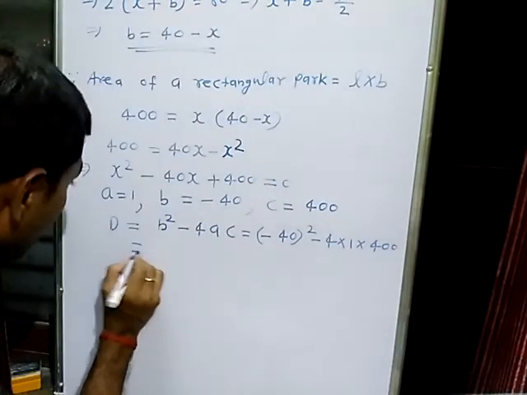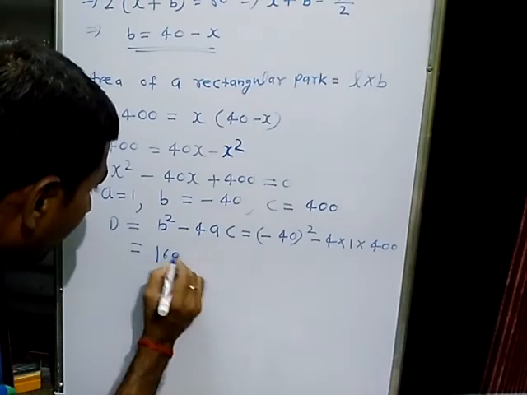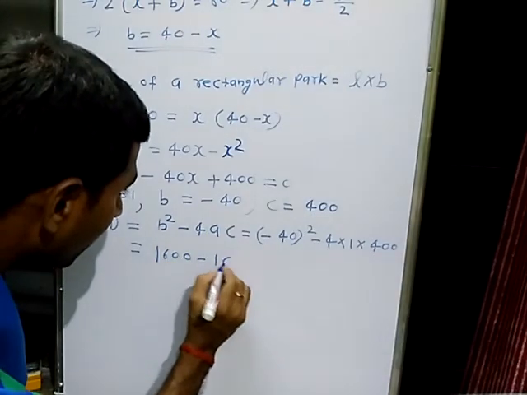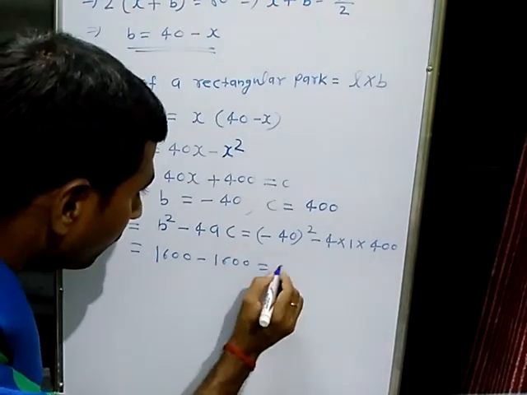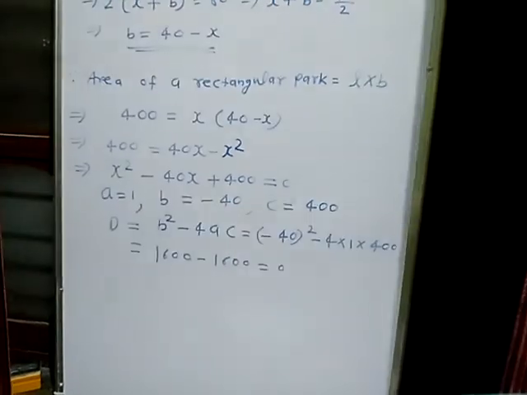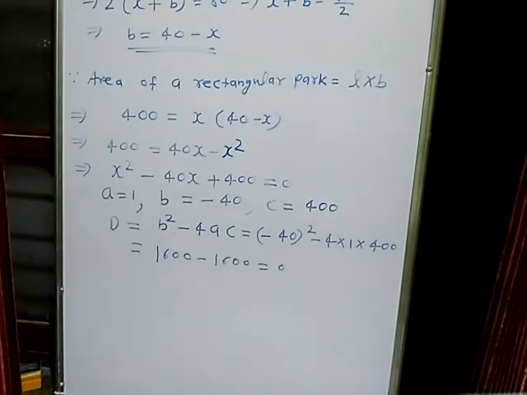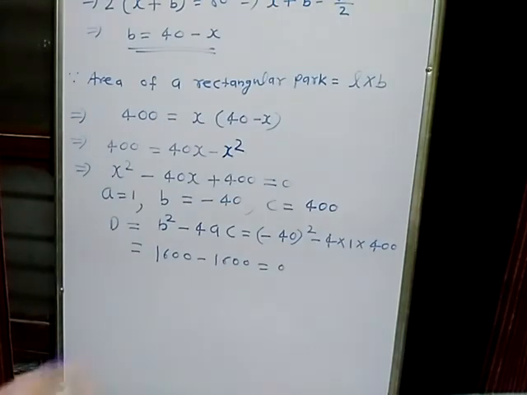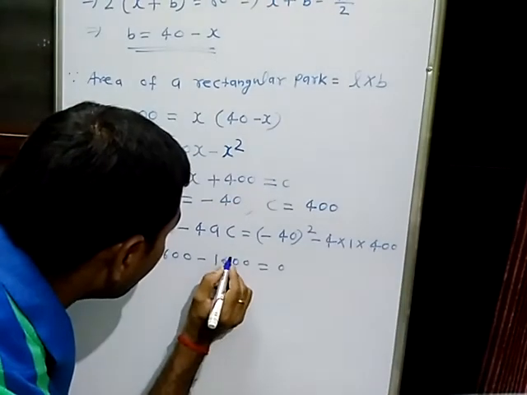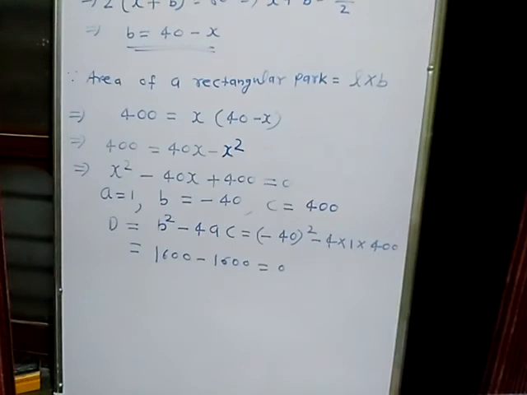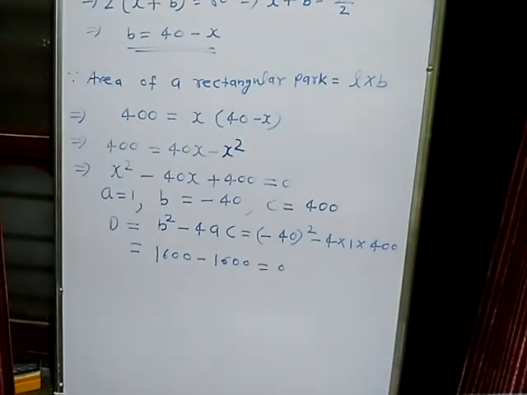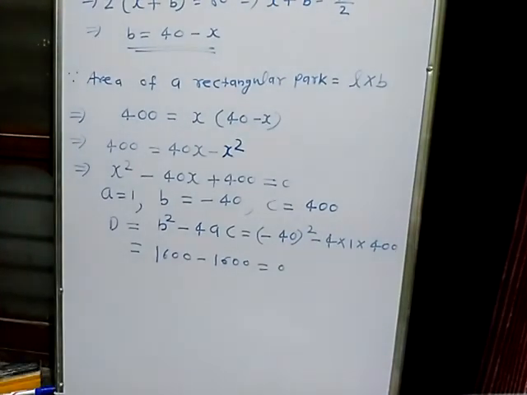Minus 40 square is plus 1600, minus 1600. We got 0. 1600 minus 1600 is equal to 0. So D becomes 0. If D is equal to 0, what can you say about the roots?